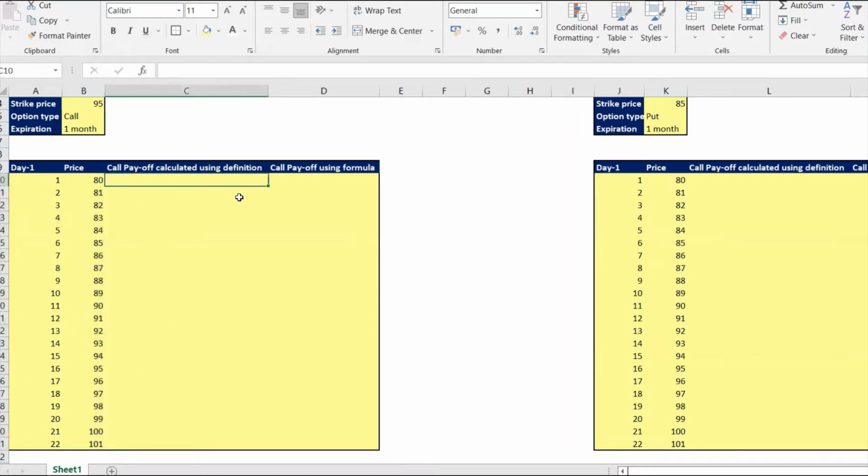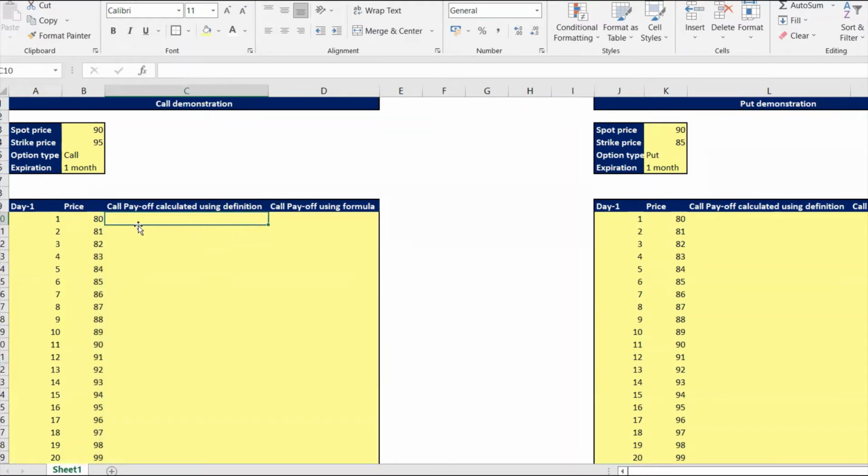Let's try to understand what my call payoff would be using the definition. When I went through the definition of the call option, it says it gives you a right to buy at 95. So in the call option contract, you have a right to buy at 95. Whereas on day one, the price was 80.